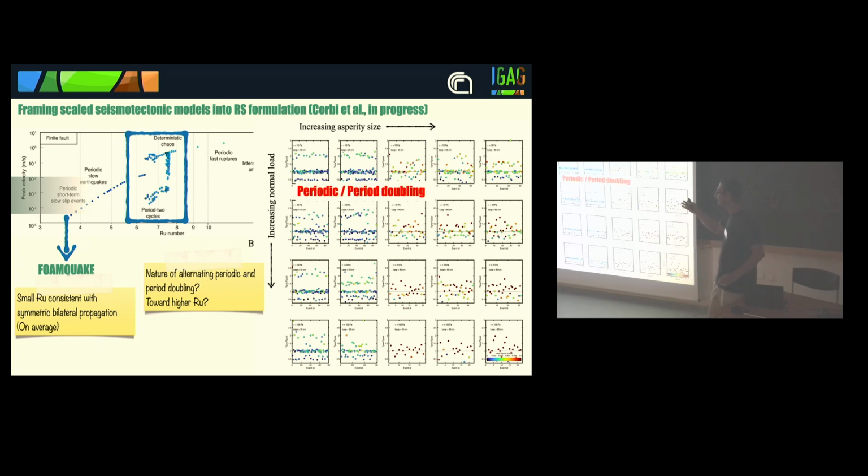So we can define 2 fields, periodic and period doubling, in this part of the graph, and ergodic behavior here, where none of the points fit on the one line. So I think this transitional behavior is very interesting, and this is where I want to put my effort in the future. Thank you so much.